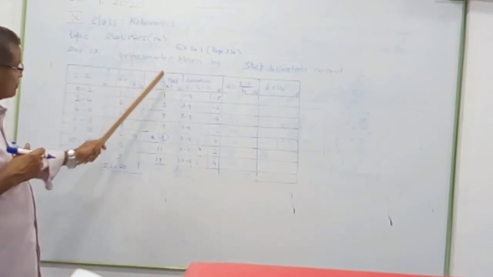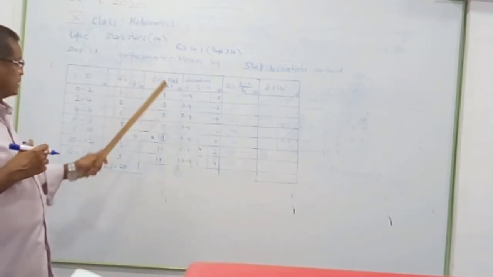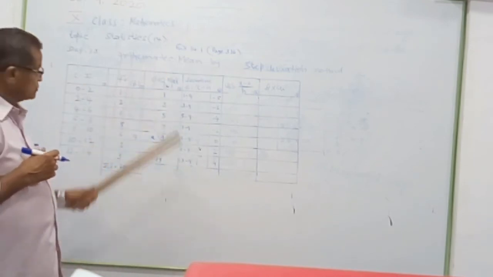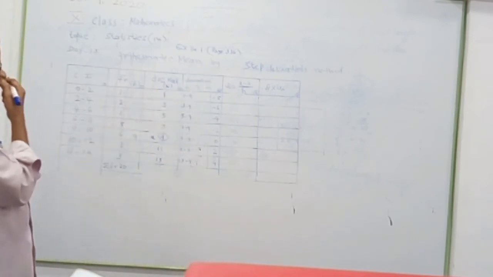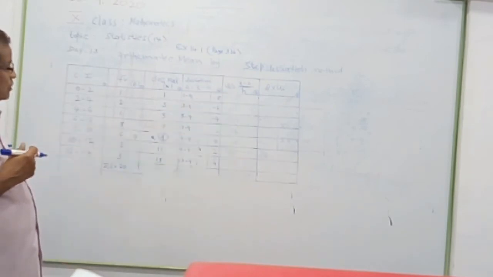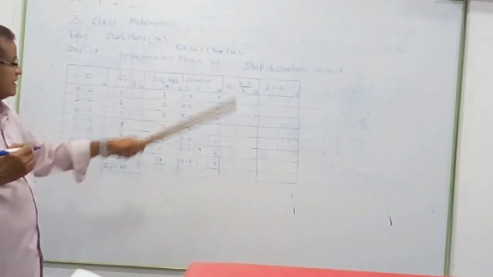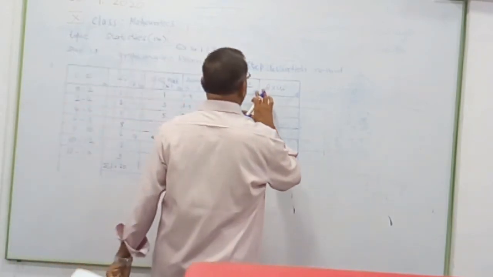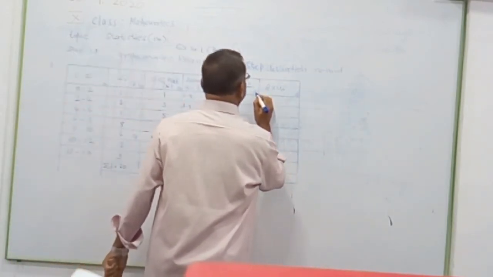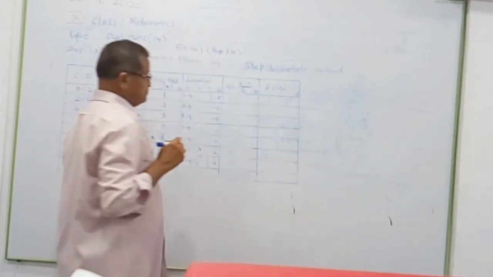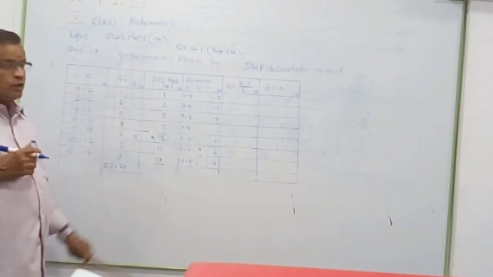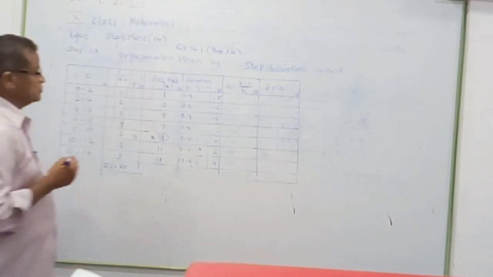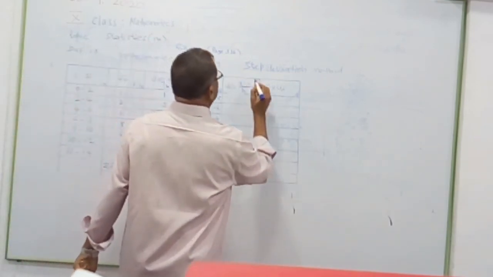Third column is class mark or mid values, fourth column deviation, and fifth column ui, x minus a by h. H is size of class interval. See, minus 8 by 2. The size of the class interval is 2. H value is 2.